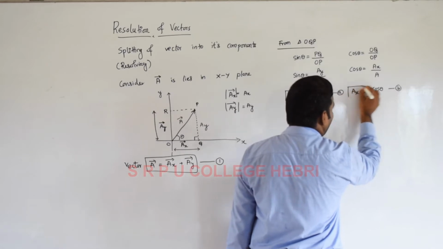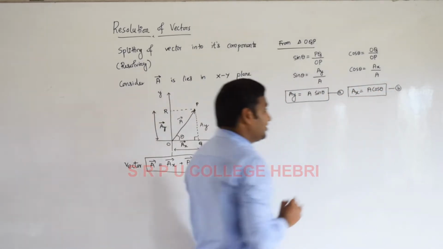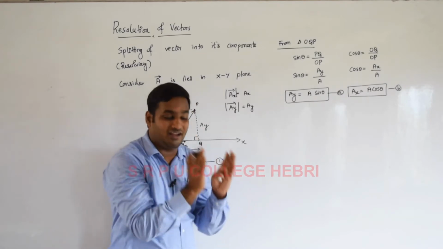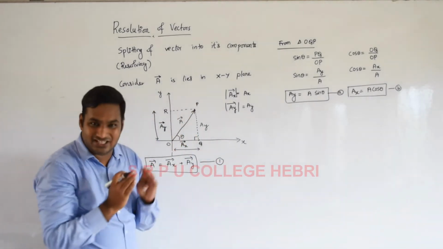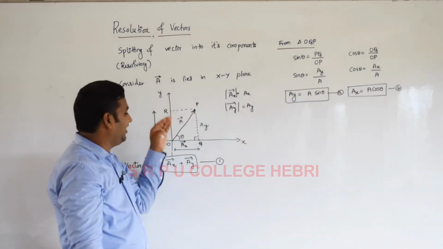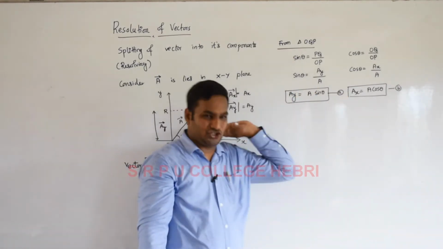I call this equation B. AX is the projection of vector A along X axis, or in other words, a component of vector A along X axis.